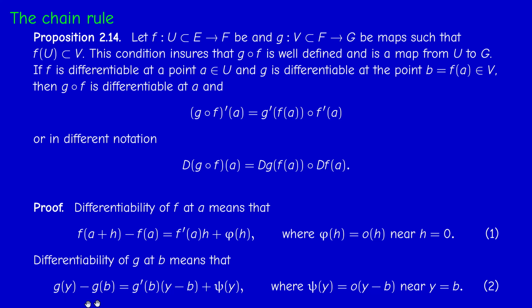You will see why, but it's completely equivalent, as you know. And the remainder is a small o of the increment. So this is condition 1, differentiability of f at a, and this is differentiability of g at b. Okay, so I will refer to these two equations now.